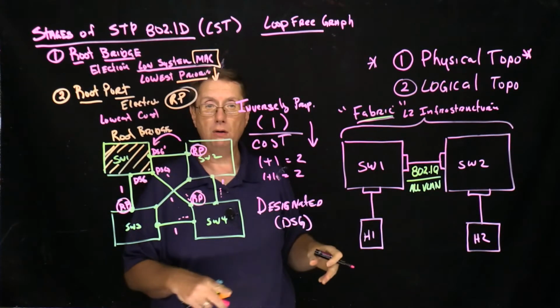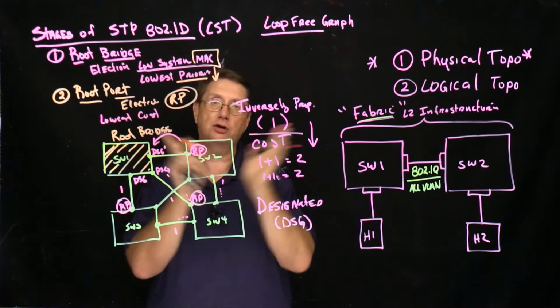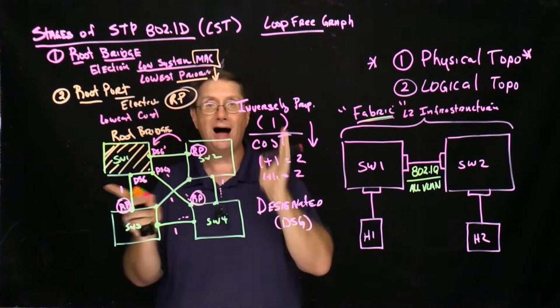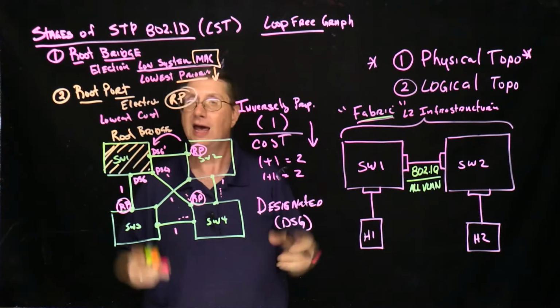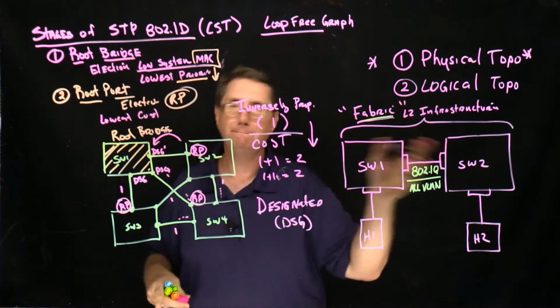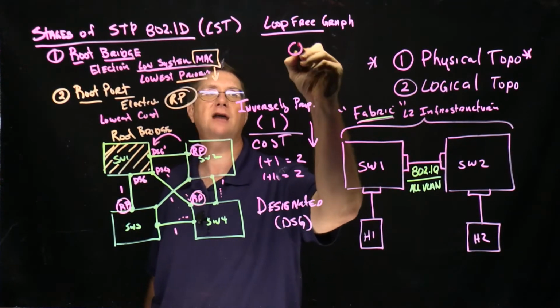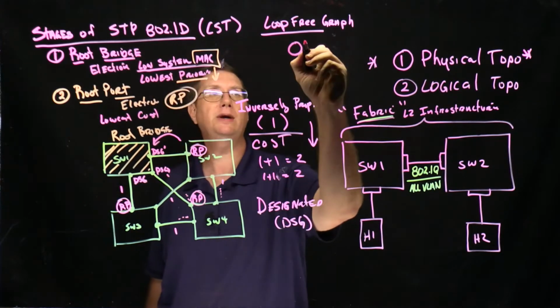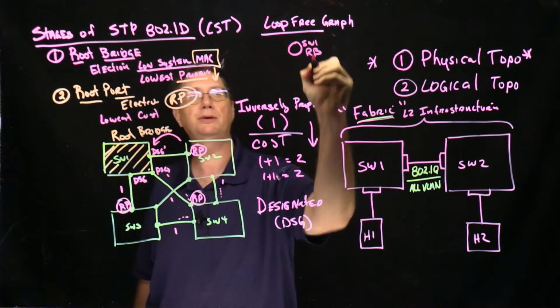It is a protocol that allows me to build a loop-free graph or tree whereby branches of the tree do not intersect, therefore I prevent loops, and it spans multiple switches. In this scenario, at the top of this loop-free graph, I'm going to have SW1 because it was elected my root bridge.